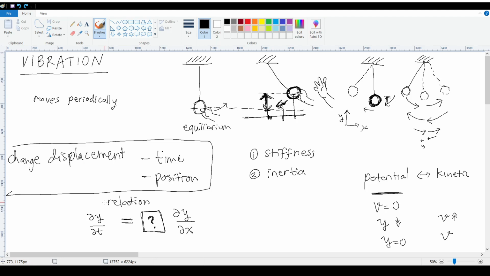I will explain more about this kind of relationship in the next video. This kind of relationship basically is an equation of motion, an equation that describes how an object moves, its motion, its vibration.